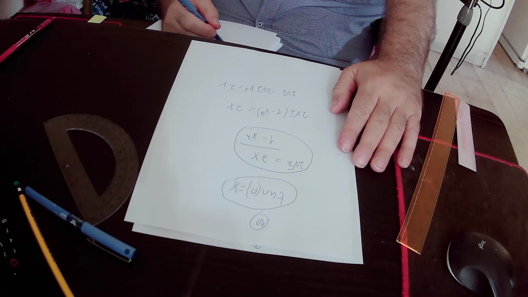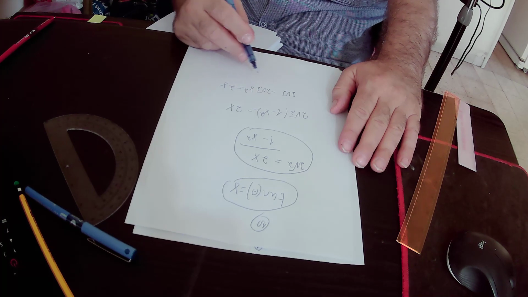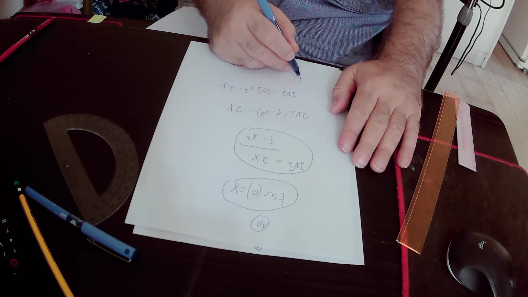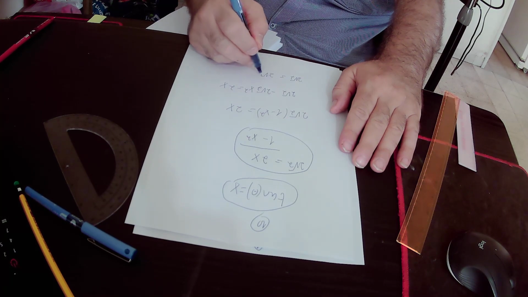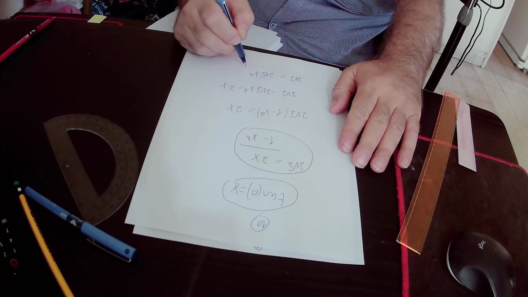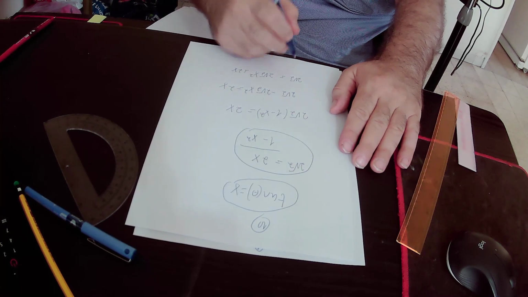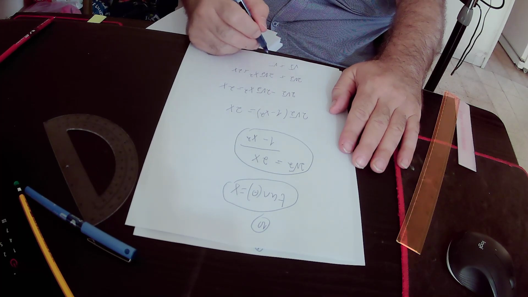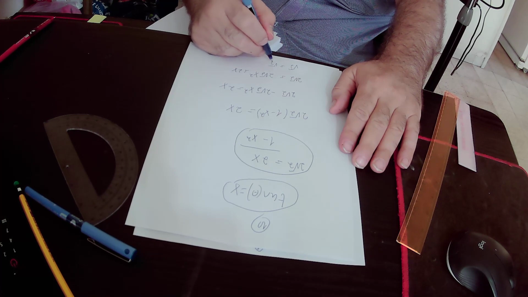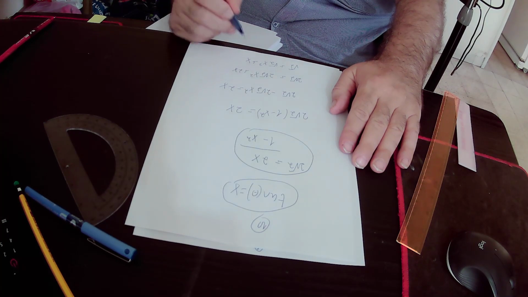Here we will add 2 times root 2 x squared to this quantity, and we will get 2 times root 2 equals 2 times root 2 x squared plus 2x. Here we will divide this equality by 2 and we will get that root 2 equals root 2 x squared plus x.